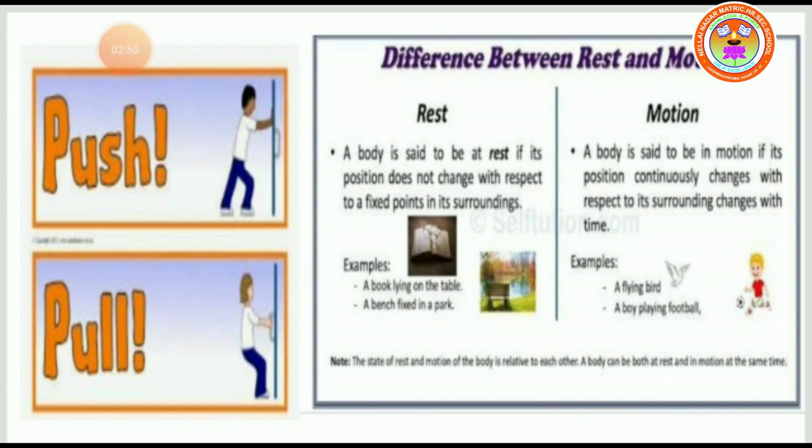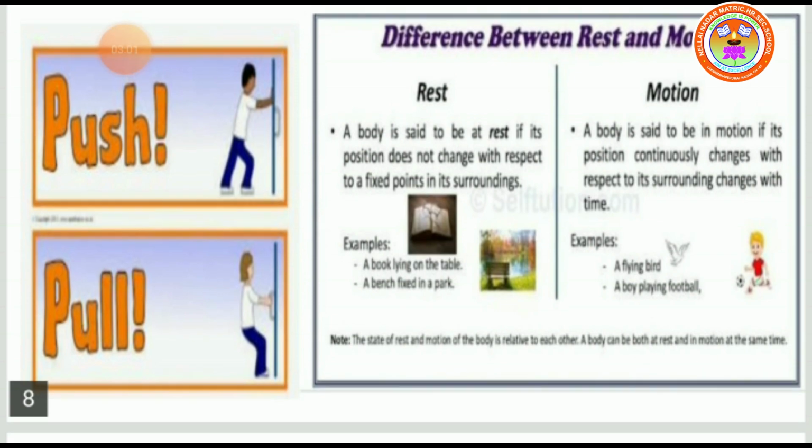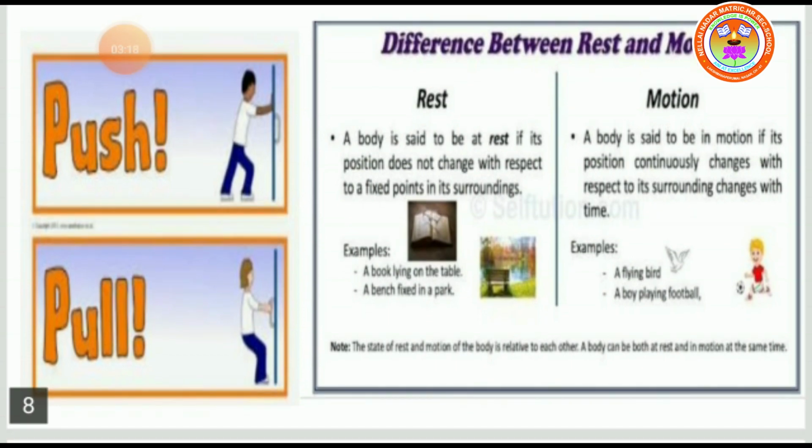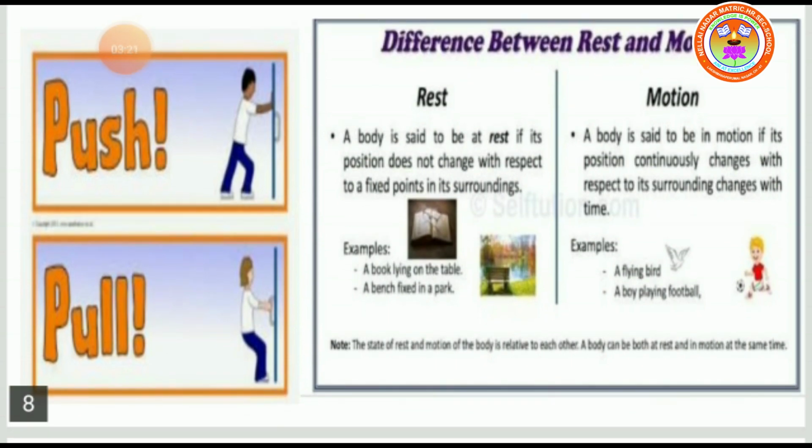If you push the book to one side of the table to clear space for keeping your notebook, then you will say the book is moving. When the book was at the same place with respect to the table, you said the book was at rest. But when it was pushed from one place on the table to another place, you said it was moving.